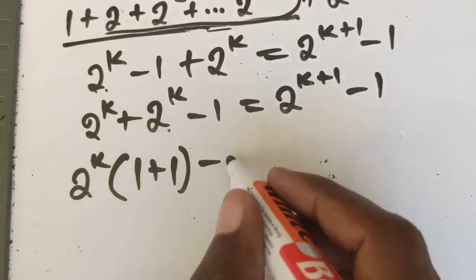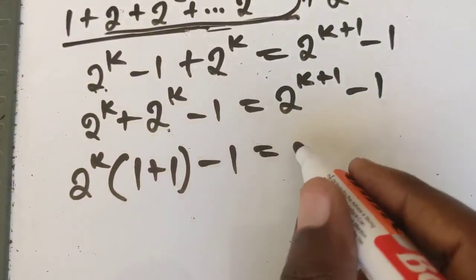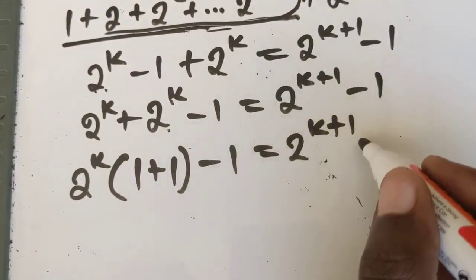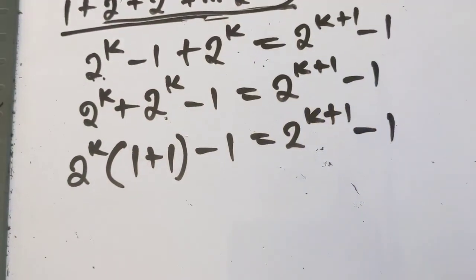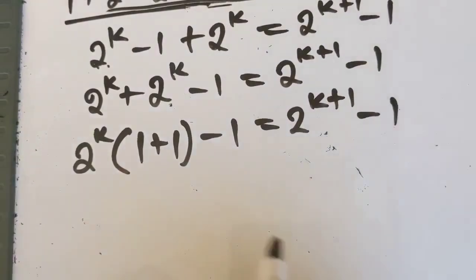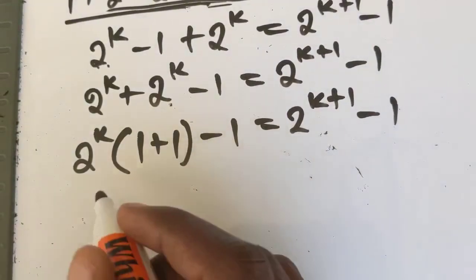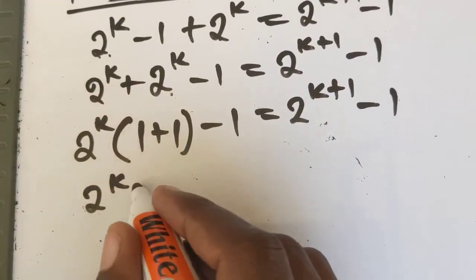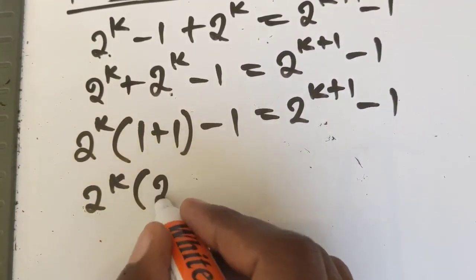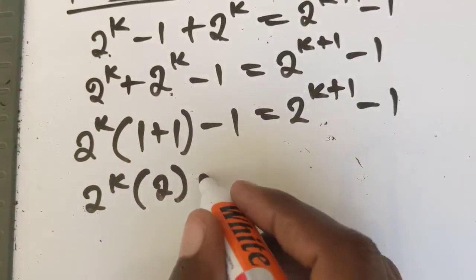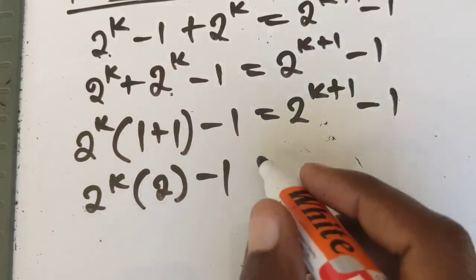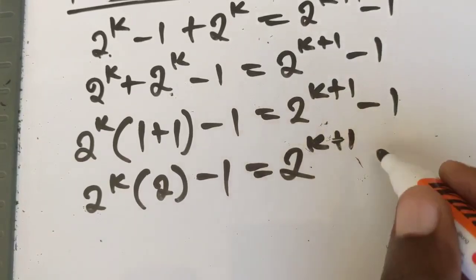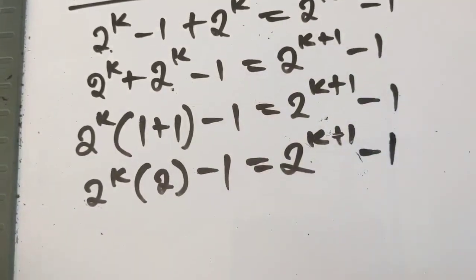Then it's minus 1, equal to 2 to the power k plus 1, minus 1. Now 1 plus 1 is 2. So this is 2 to the power k, open bracket 2, minus 1, equal to 2 to the power k plus 1 minus 1.